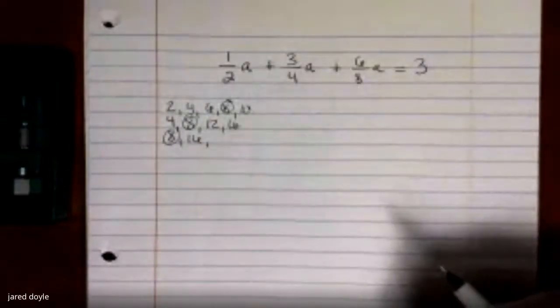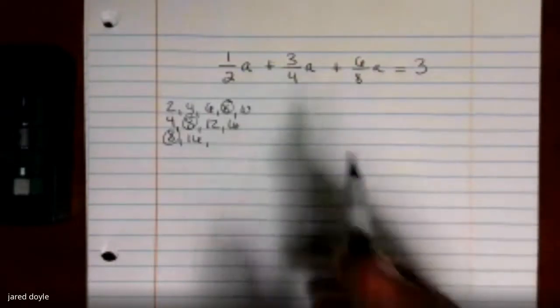Well, your multiples are 2, 4, 6, 8, 10. Let's go 4, 8, 12, 16. And then we've got 8, 16, and so on. But you can see right away, the first number that's the same for all of these is 8. So that is our least common multiple.